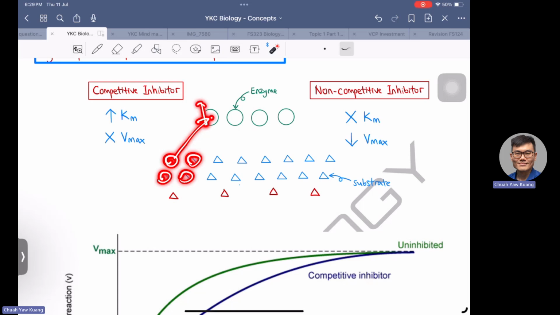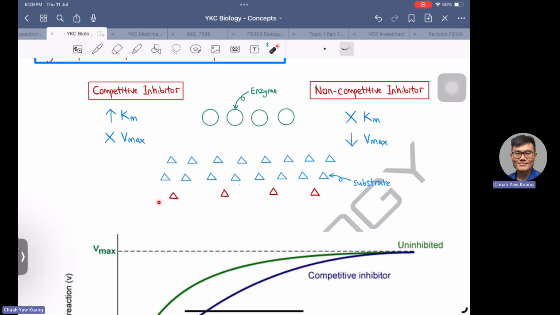That means it is always going to produce the product, so it will contribute to the rate of reaction. That's why, without the competitive inhibitor, the substrate will always bind to the enzyme.